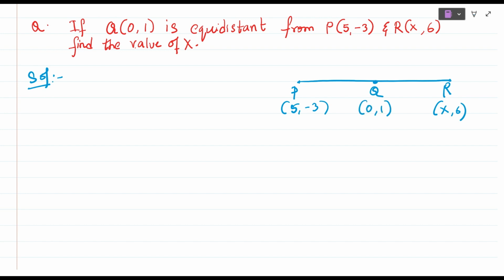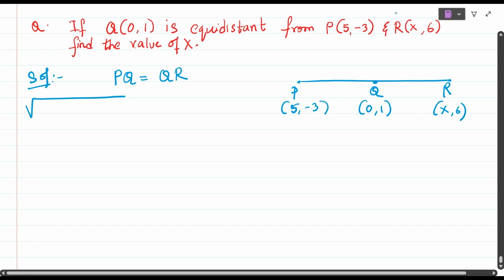So the distance PQ will be equal to the distance QR. So we have to find both distances and equate them. So what is the first distance, PQ? 0 minus 5 whole square plus 1 minus of minus 3 whole square. This is the distance formula for PQ, and for QR, it is x minus 0 whole square plus 6 minus 1 whole square.